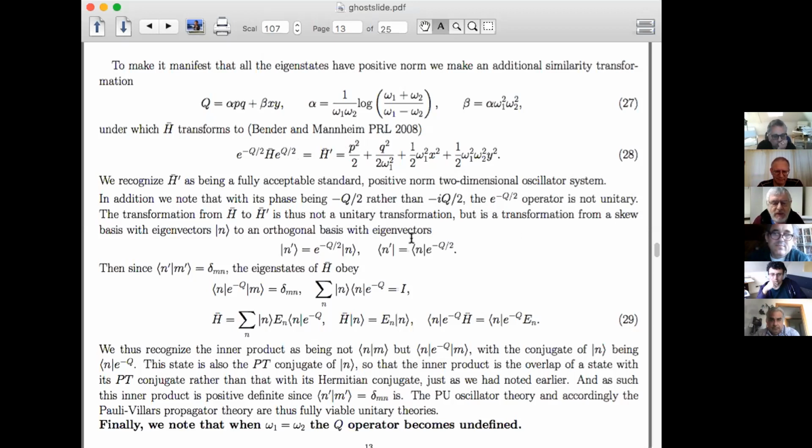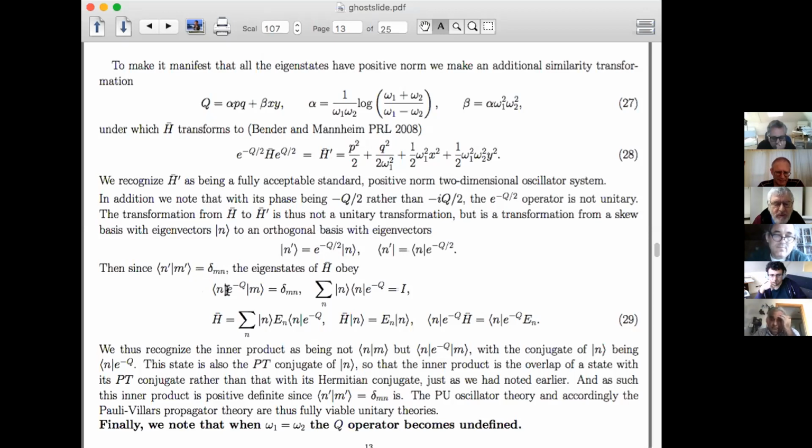It's a transformation from a skew basis with eigenvectors n to an orthogonal basis with eigenvectors n prime, and the kets are n prime this way. Now, because this is a two-dimensional oscillator, the inner product of n prime and m prime is delta mn, and therefore working back, n e to the minus q m is also delta mn.